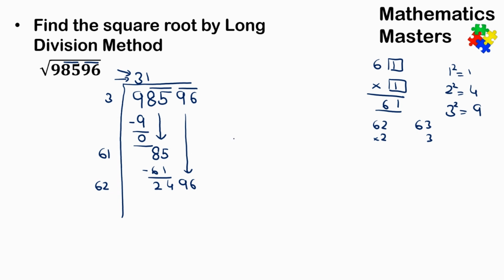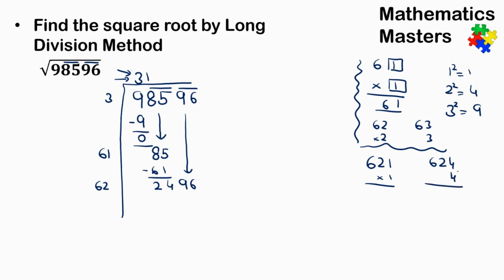62. Now we need to think about a 3-digit number like this. Let's see, 6, 2. If we are taking 1, we need to multiply by 1. If we are taking 2, we need to multiply by 2, and so on and so forth. What I am thinking is that if I take 624 and multiply by 4, my unit digit will come 6.